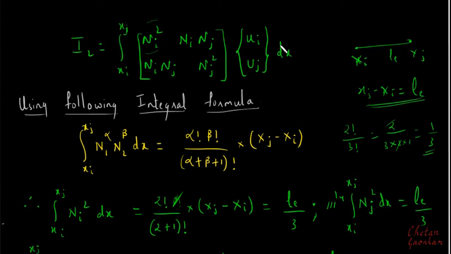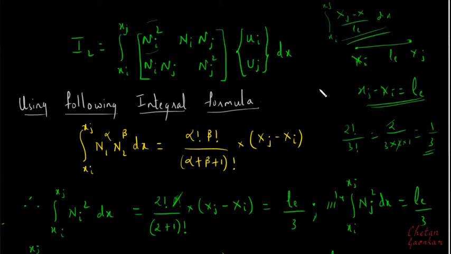Now if you try to substitute the value of ni as xj minus x divided by le, and if you try to integrate this from xi to xj dx, you will get exactly the same value as le by 3, but it will take a lot of your time in just evaluating this integral, and that too you will get the same answer.